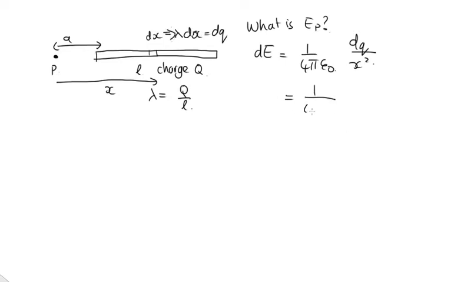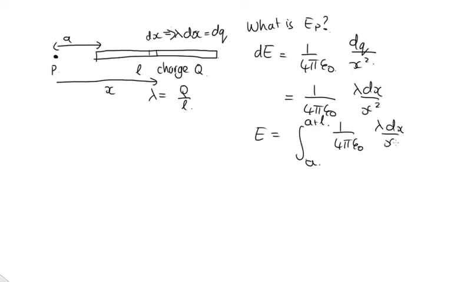So we can write this as 1 over 4 pi epsilon naught lambda dx over x squared. Now to get the total electric field, we need to sum up all over the rod. So the total electric field, we're summing up our x's from A up to A plus L. So from A to A plus L, 1 over 4 pi epsilon naught lambda dx over x squared.